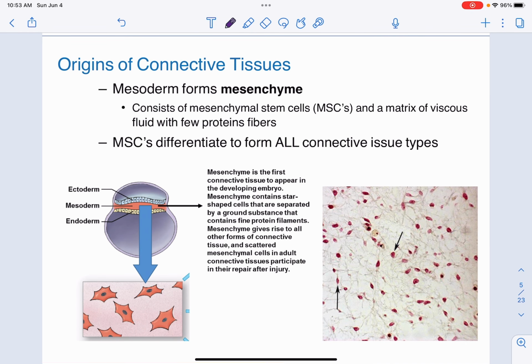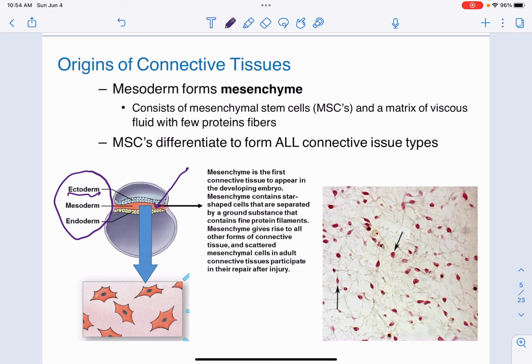All connective tissue originates from the mesoderm. And remember, we talked about these layers in the last lecture and how the mesoderm comes to be. So cells from the ectoderm start populating this middle layer, which then becomes the mesoderm.